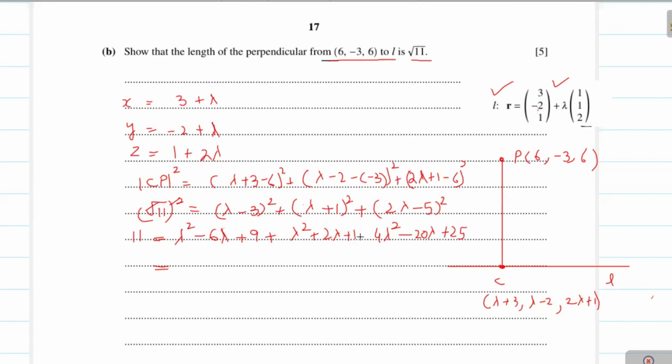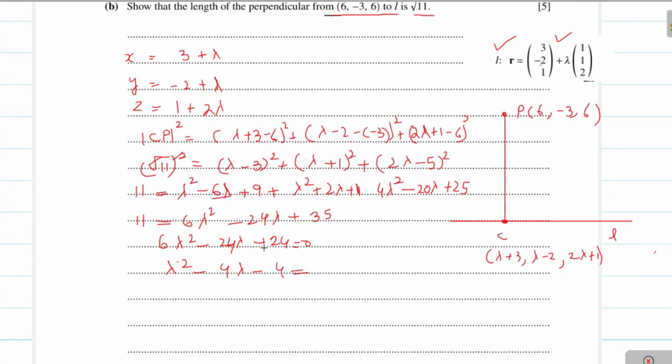Now we can write it as 6 lambda square, minus 6 lambda minus 2 lambda is minus 4 lambda, minus 20 lambda is minus 24 lambda, plus 1 plus 9, 10 plus 25 is 35 equal to 11. This value 6 lambda square minus 24 lambda plus 24 equal to 0.